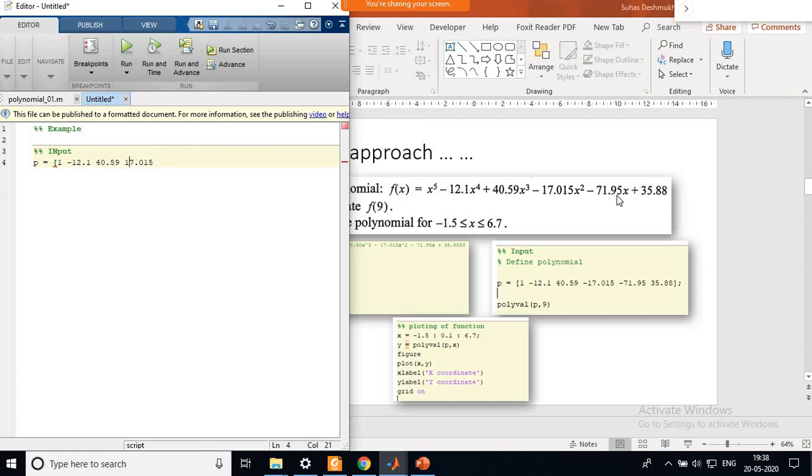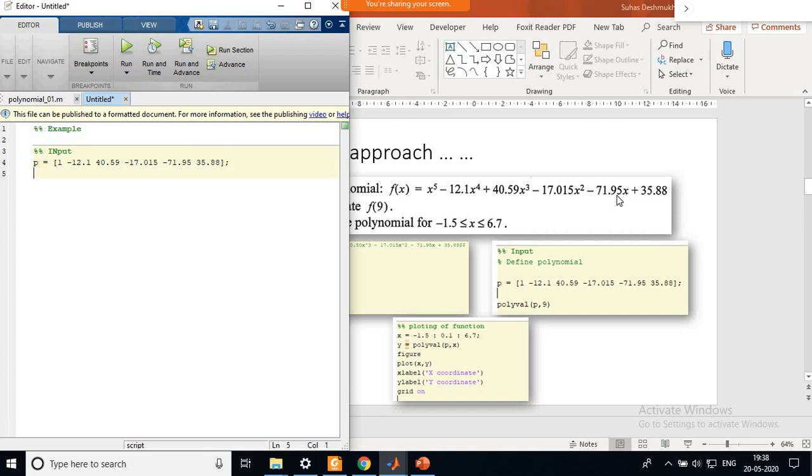Whenever it is a minus, keep the minus as it is. Don't play with it; if the coefficient is a minus, give the minus. If it is a plus, you need not provide a symbol for it. Minus 71.95, and then here you need not give a plus sign. It is 35.88. So this is the way we have defined the polynomial.